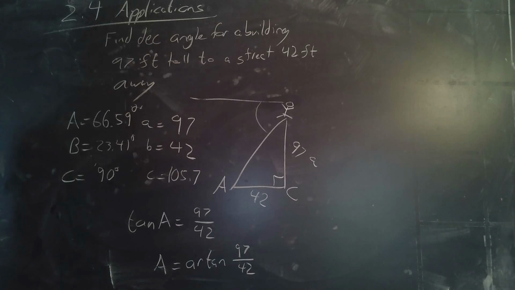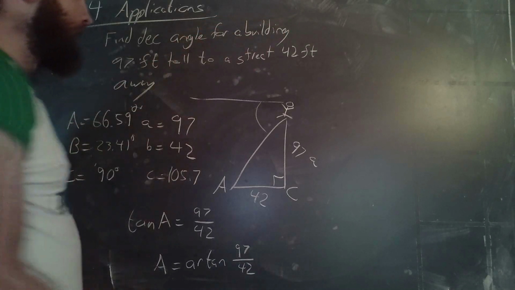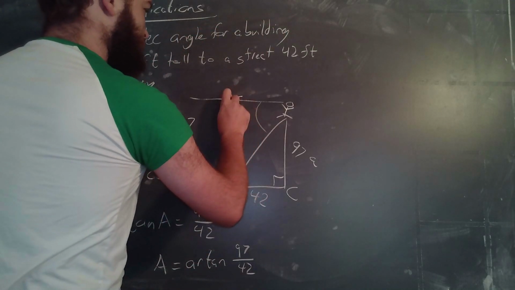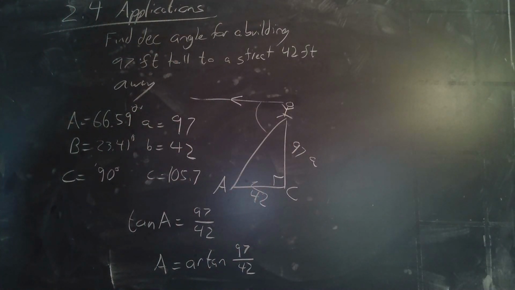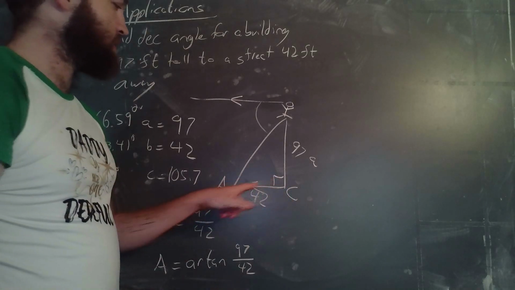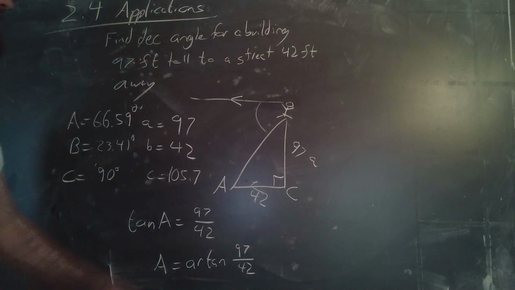We'll notice here that if this guy is sitting up on top of the building looking straight out, then his line of sight is actually parallel with the lateral distance from the base of the building to the street, 42 feet away, which means that this hypotenuse side is a transversal line, and we can apply theorems from Unit 1 in order to find the angle of declination.